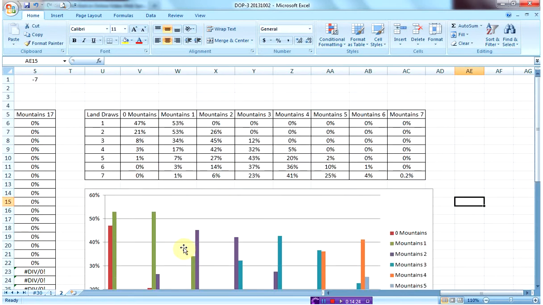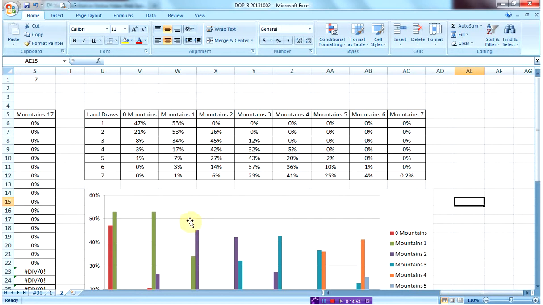So one of the things we could also look at with this, as long as we can interpret the data in the right way, is when are we hitting having both colors? How many lands do we have to draw to have at least 1 mountain and at least 1 forest?